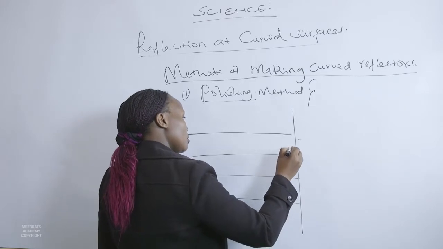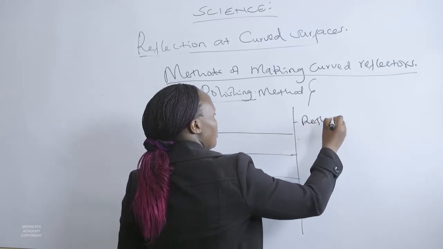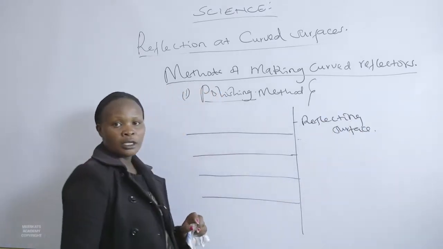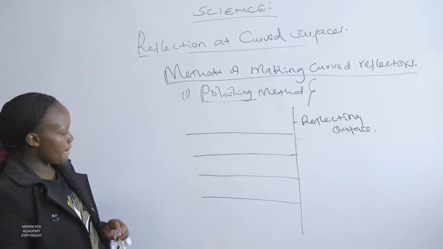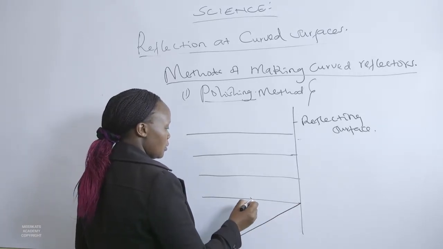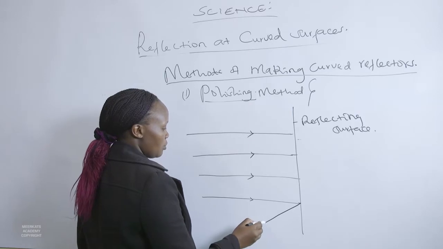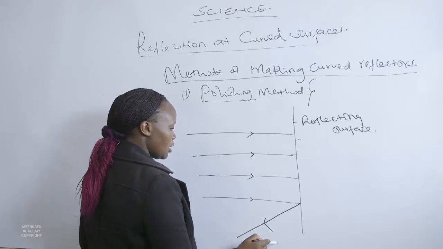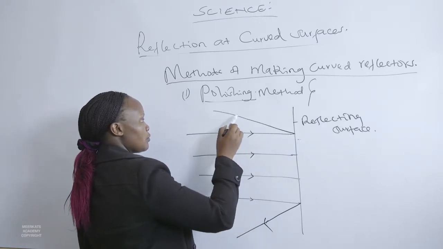Assume that this one is again our reflecting surface. If that should be our reflecting surface, then these rays, which are actually incident on our reflecting surface, are supposed to be reflected in such a way that they are scattered in different directions.